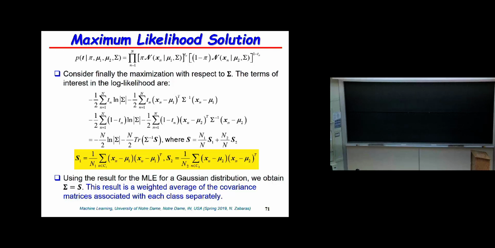Again, what you need to do is write this as a trace, move the X transpose to the right, so you're going to have sigma minus 1 times this term, and then sigma minus 1 times that term. And I remind you that this summation here is non-zero only for points in class 1, that's why you get S1. And this summation is only non-zero for points in class 2.